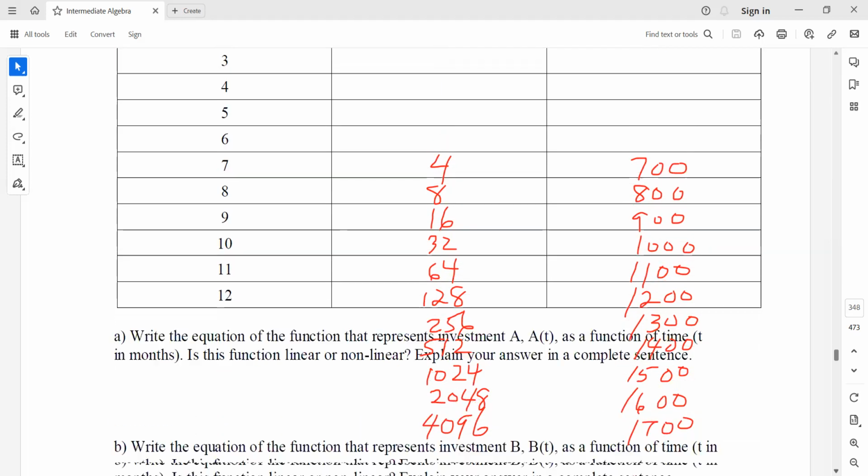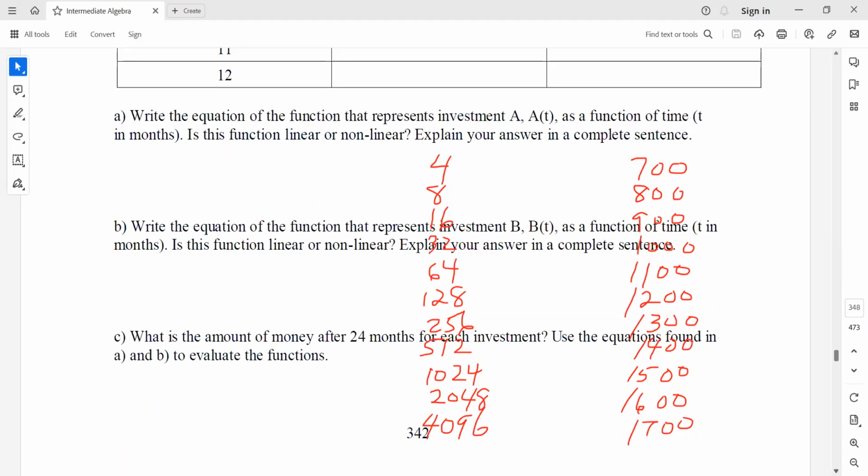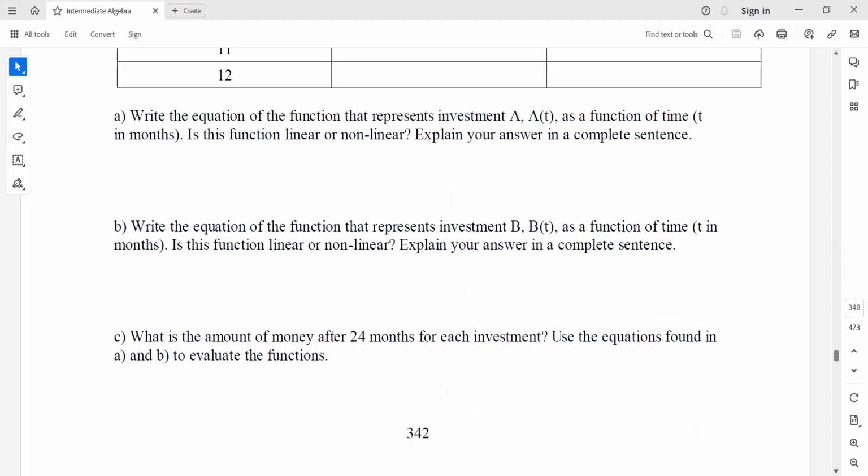Now, when you go to the questions, question A says, write the equation of the function that represents investment A. That is A of t, as a function of time where t is in months. Is this function linear or not linear? So how do we set up an equation or a function for investment A?